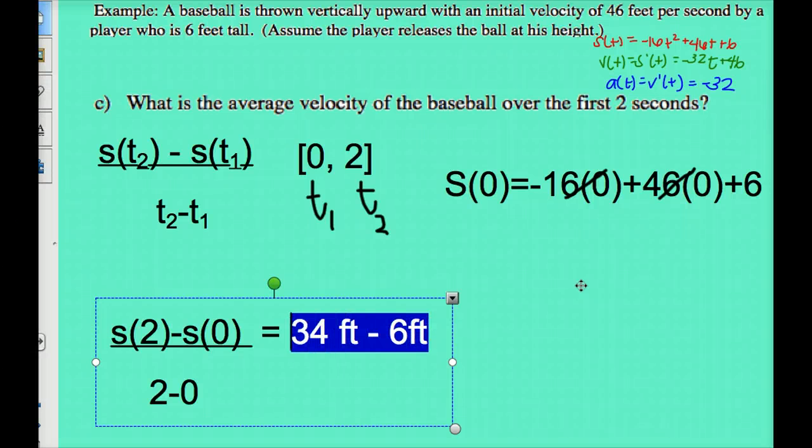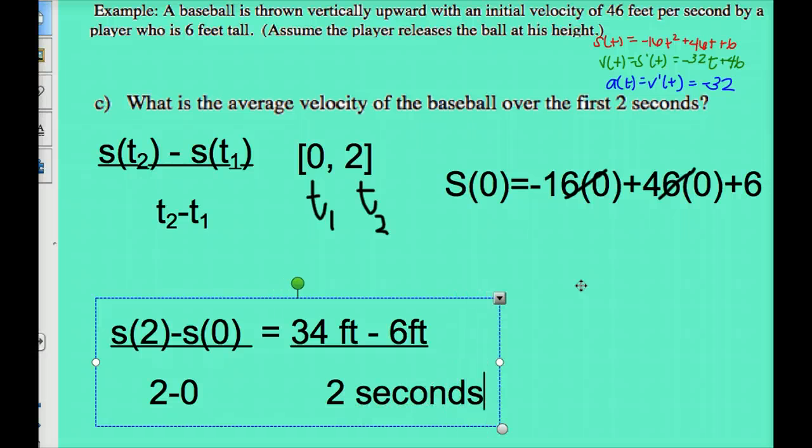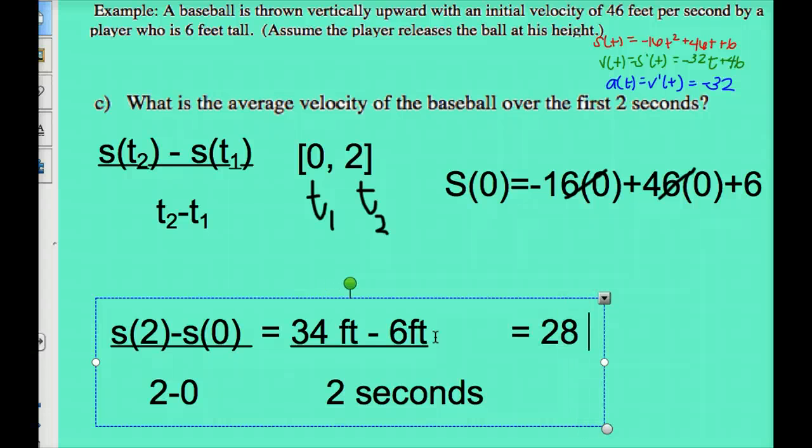Let me underline that to show it's a division problem. If I move down, 2 minus 0 is 2. And if I look at my time, it's seconds. So if I do my math up here, I get 34 minus 6, which is equal to 28. I have 28 feet divided by 2 seconds.